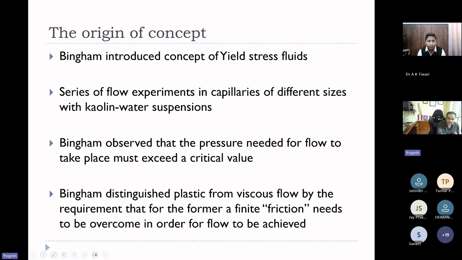He distinguished plastic from viscous flow by the requirement for the former that a finite friction needs to be overcome in order for flow to be achieved. What he called finite friction in his manuscript, we now represent as yield stress, and the corresponding fluids are known as yield stress fluids or Bingham fluids.